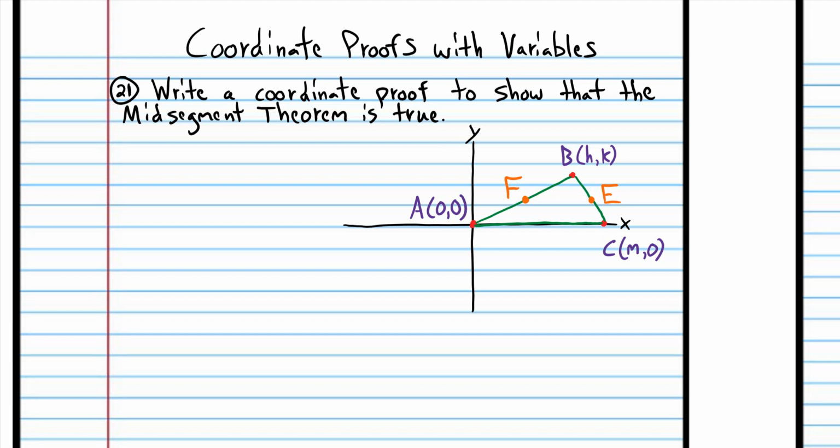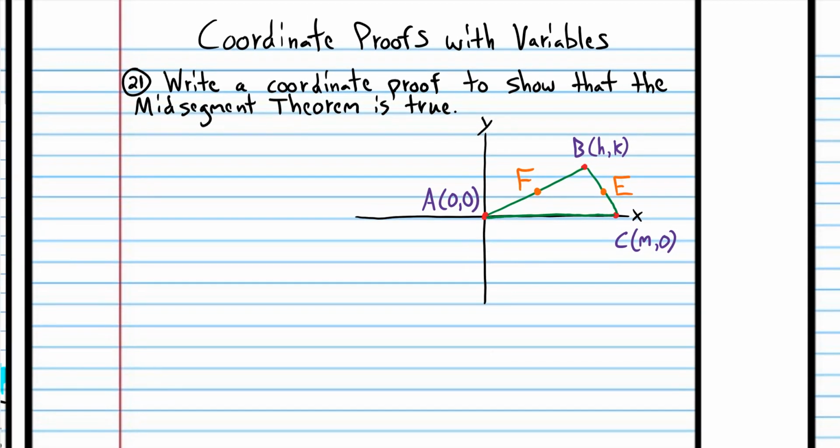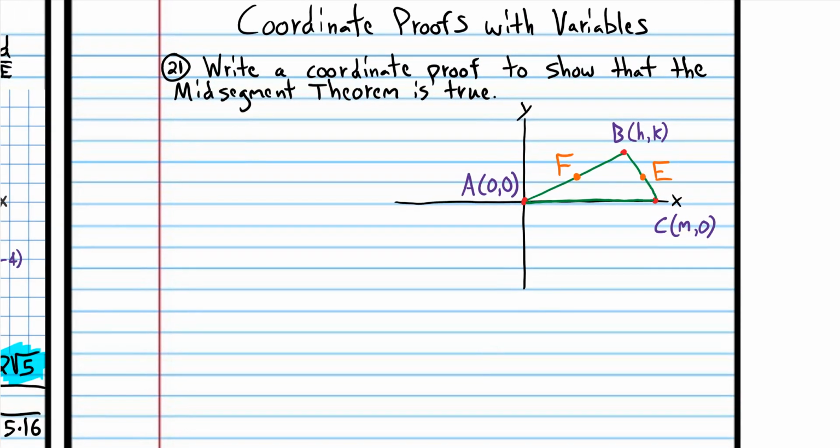And I went ahead and labeled one midpoint F and the other midpoint E. That's just going to help us. So it says here, again, write a coordinate proof to show that the midsegment theorem is true. So we're going to do the same thing we did before, just with variables now.